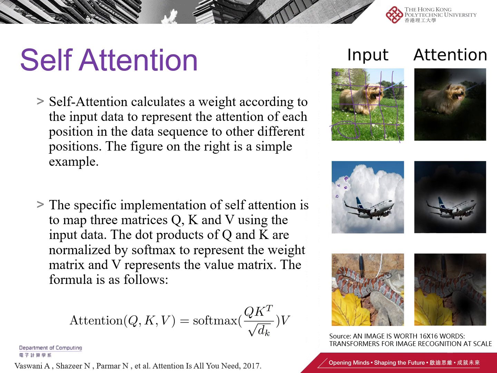So in the same way, we can generate a representation for each of these visual words, and we can calculate the correlation between the query words and the keywords. And we can also use the linear combination, adopting the self-attention weights, to generate a representation for each of them.